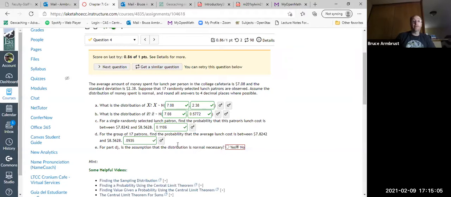Although actually, maybe because the size of the sample is not very large, that might be why they're saying that. For sure, we did have to assume that the distribution of the original was normal in order to do the single person.